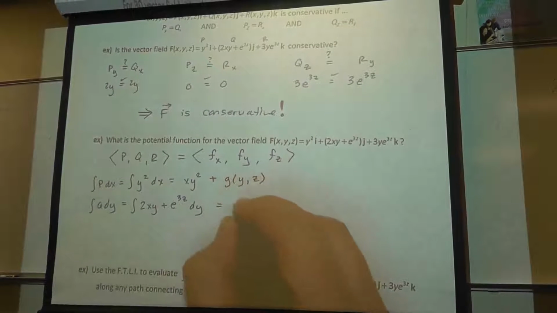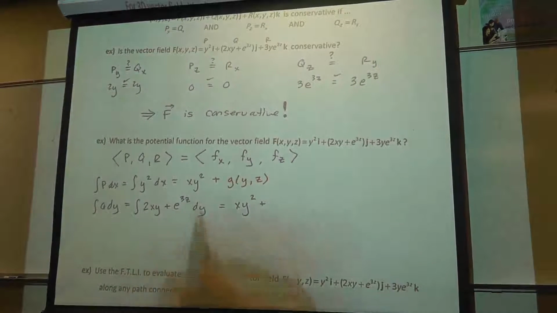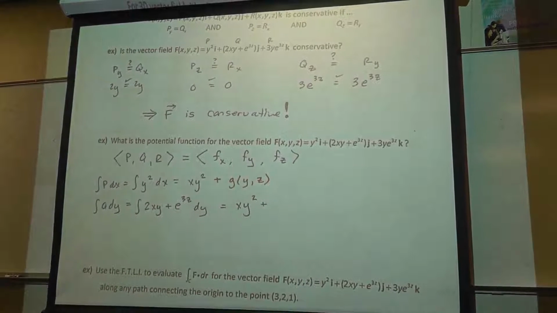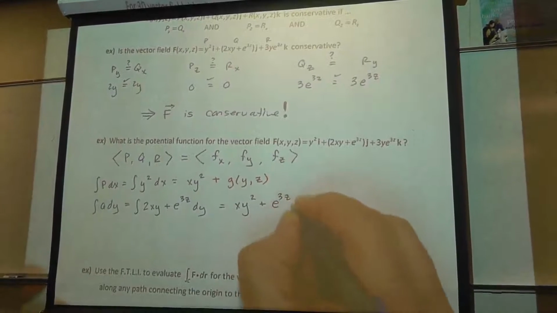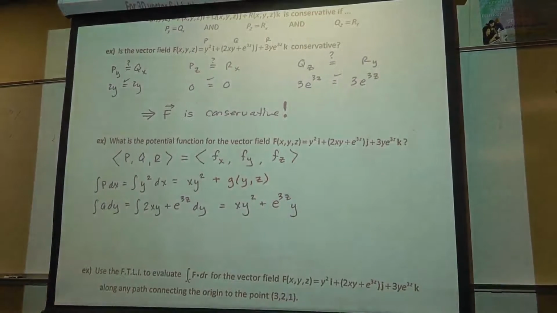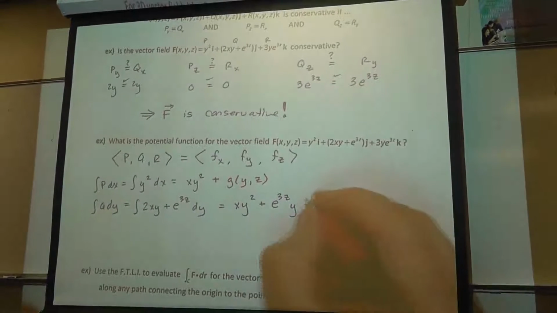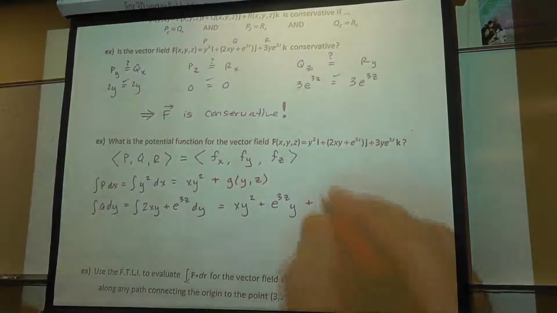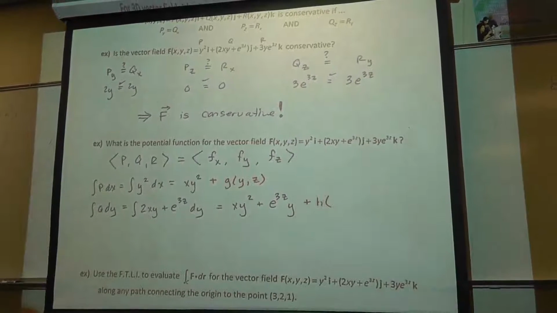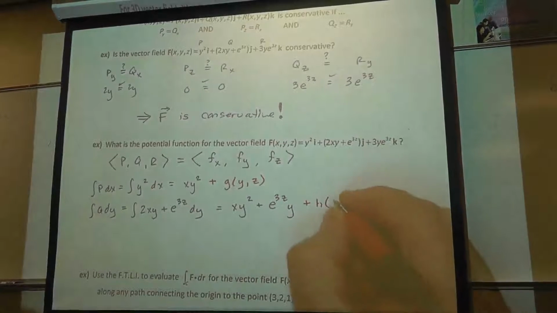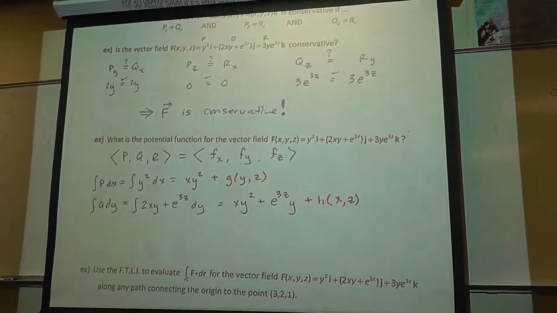So that should become xy squared plus e to the 3z is constant with respect to y, so I just multiply it by a y. e to the 3z times y. And then plus, sorry, I can't color code here, I'm running out of colors. This one would have to be some function that depends on whom? X and z. Because those would have been your constants when you did a y partial.